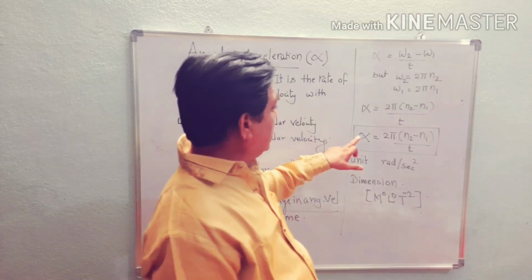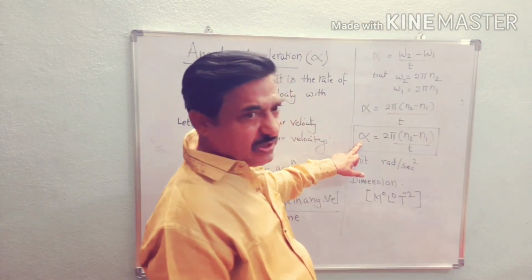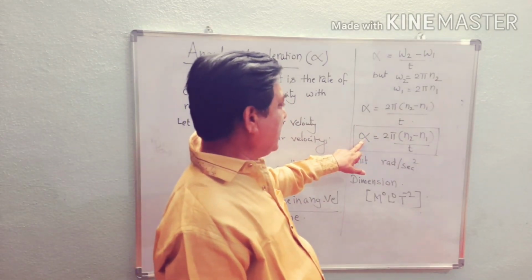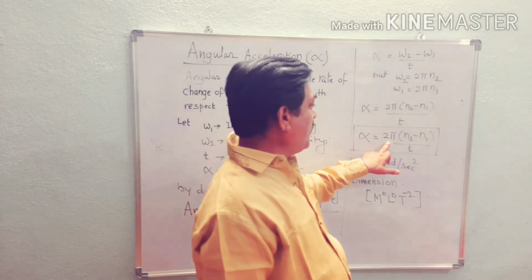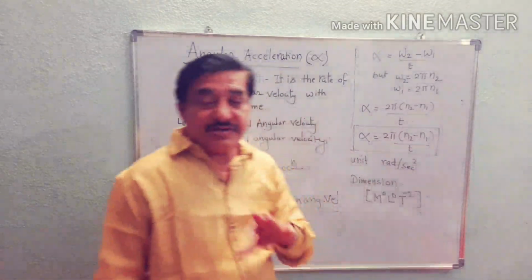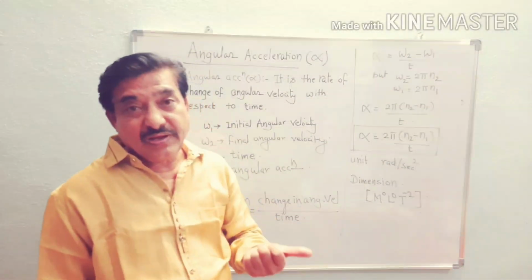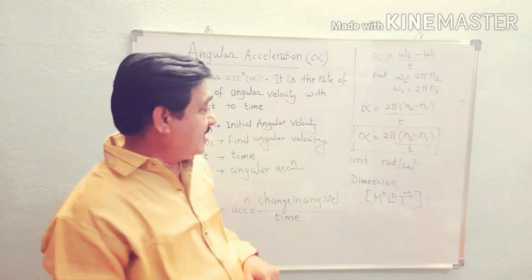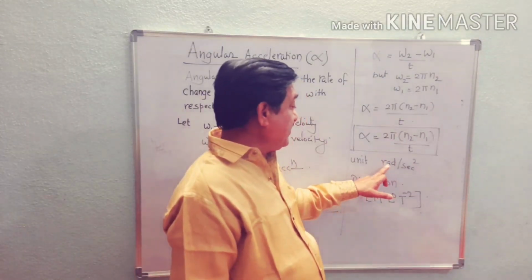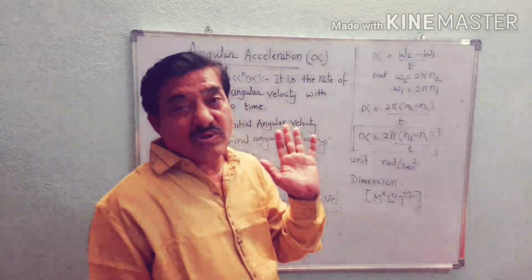So the expression for angular acceleration alpha is 2 pi in the bracket n2 minus n1 upon t. Its unit is radian per second square, as angular displacement, radian, is a dimensionless physical quantity.